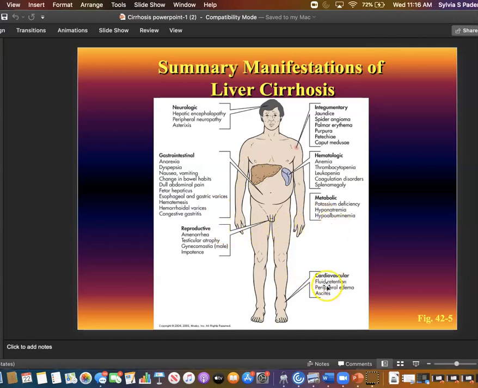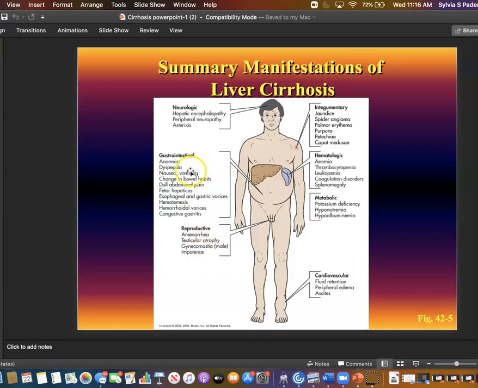And then cardiovascular is fluid retention, peripheral edema, and ascites. Reproductive: amenorrhea, testicular atrophy, gynecomastia in the male, and then impotence.